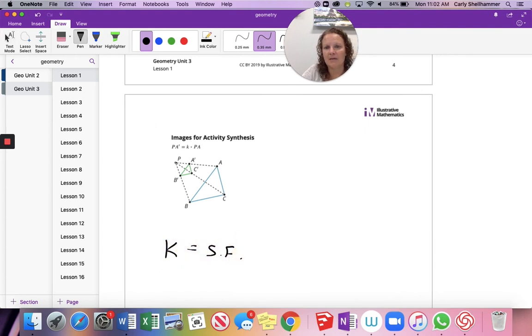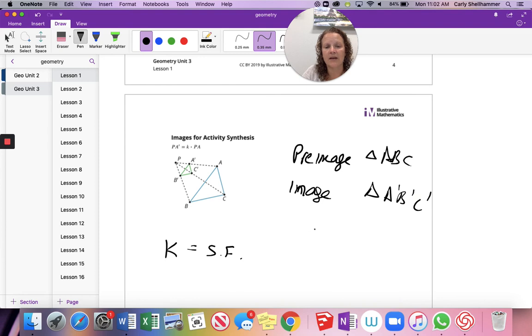So for this one, my pre-image is triangle ABC. And then we shrunk it. A prime, B prime, C prime.